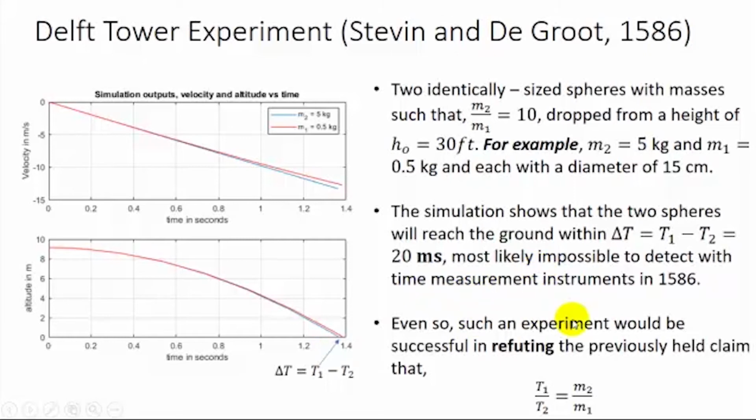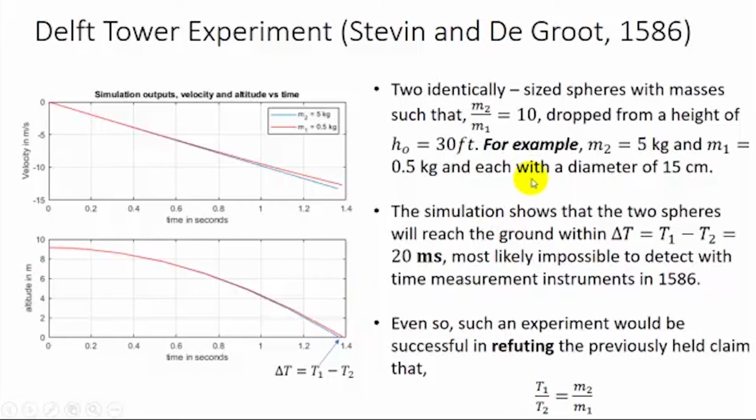Even so, such an experiment was successful in refuting the previously held claim that the heavier mass would reach the ground within a time which was 10 times smaller than the time for the lighter mass.